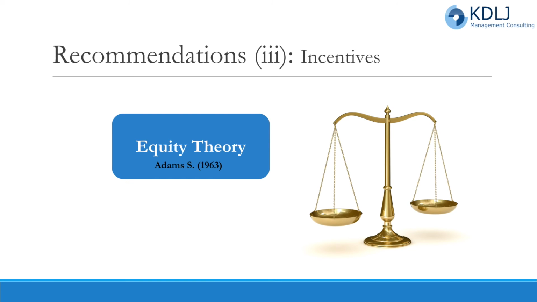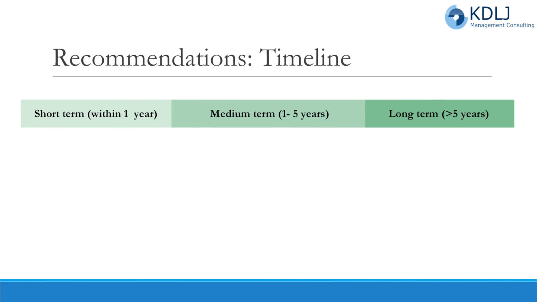The widely cited equity theory by Stacy Adams stated that individuals often compare the effort that they invested in a job with the reward they receive and are motivated to maintain an equitable exchange relationship. Any perceptions of underpayment will have a negative impact on performance. Thus, Hasbro should ensure there is distributive justice in determining the rewards, and it must strike a balance between performance and transparent performance measurement.